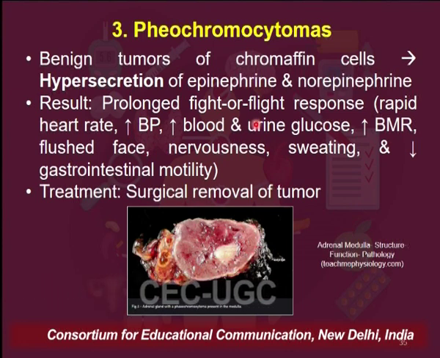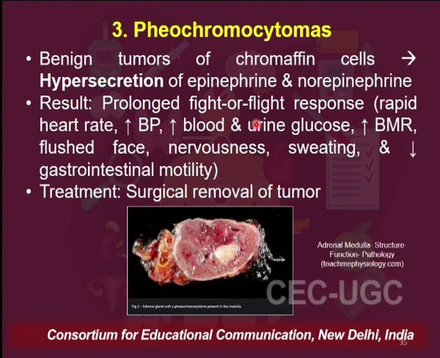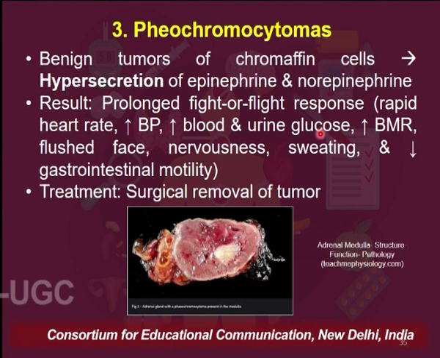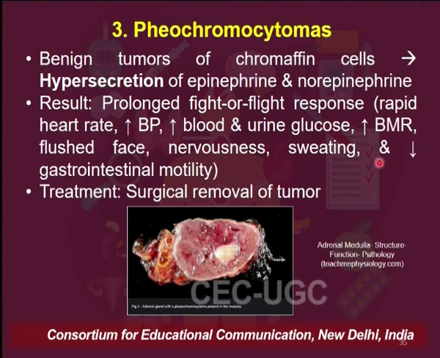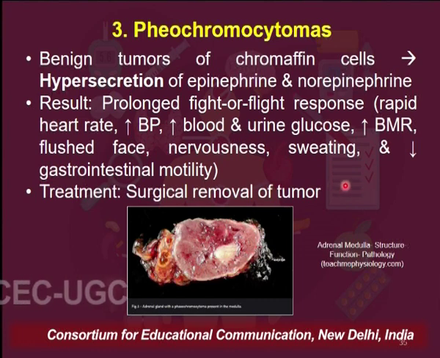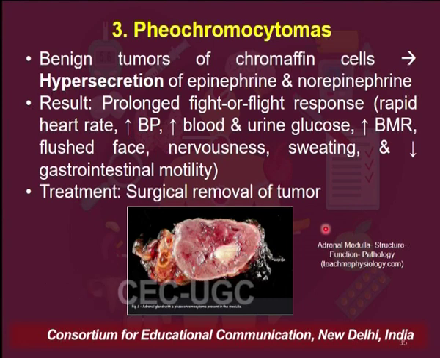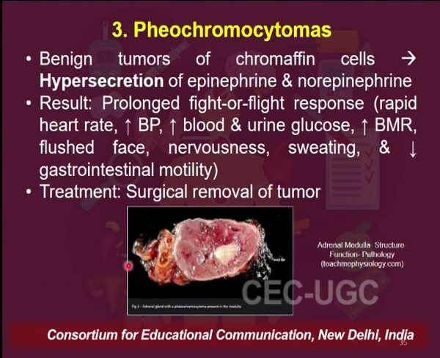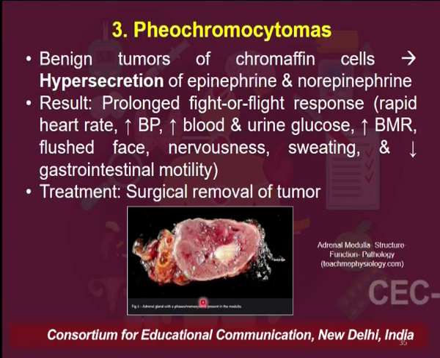So, there will be rapid heart rate, increased blood pressure, increased blood and urine glucose levels, increased basal metabolic rate, flushed face, nervousness, sweating, and decreased gastrointestinal motility. The only way of treating these tumors is to surgically remove them.